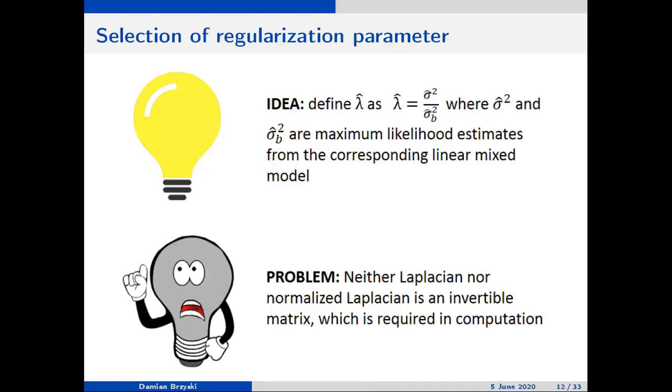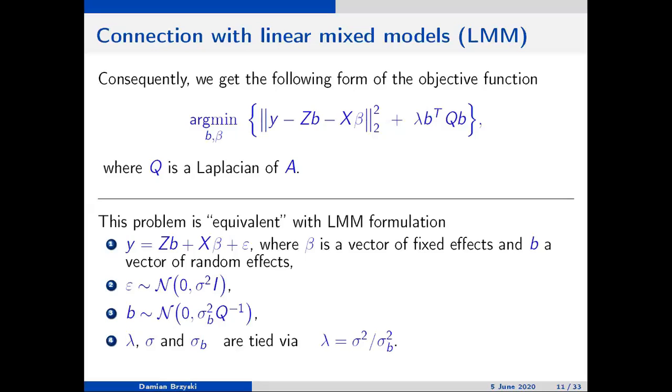And the problem here is that the Laplacian is unfortunately not an invertible matrix, and this is required for the computation, as you can see here, because even in the linear mixed model formulation, it's assumed that the variance covariance of B is given by some scalar times Q minus 1.